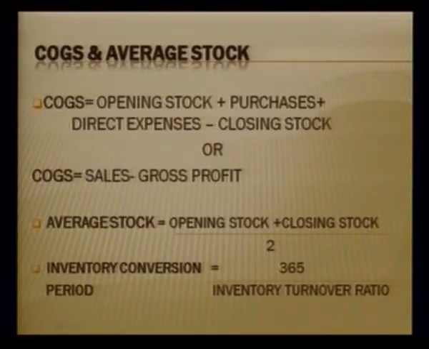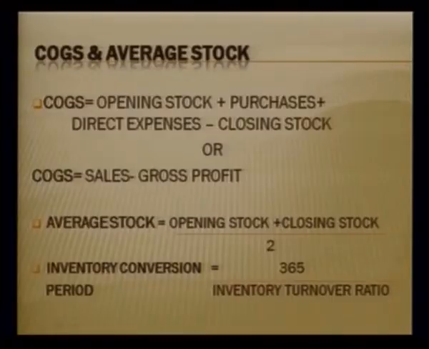Now, cost of goods sold and average stock are the 2 components of the stock turnover ratio, so what do we mean by cost of goods sold and inventory? The cost of goods sold is determined through the trading account in the financial statements. It can be determined from either the debit side or the credit side.